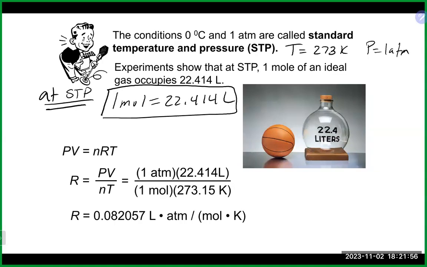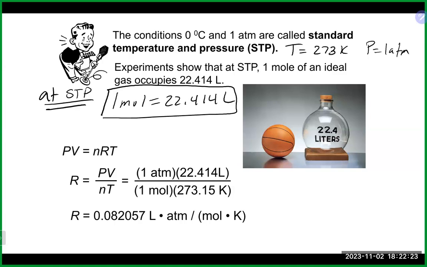So if you're unsure about this conversion factor or don't want to worry about using it wrong, just forget about it and just go into the ideal gas law. You'll get the same answer. If it is at STP conditions, you just put 273 for the temperature and 1 atmosphere for the pressure. So the ideal gas law you can use for any conditions. The specific conversion is used only during STP conditions. Any questions on that there?